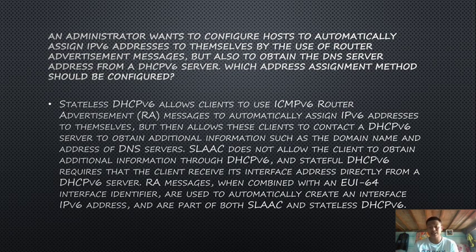SLAAC does not allow the client to obtain additional information through DHCPv6, and stateful DHCPv6 requires that the clients receive their interface address directly from a DHCPv6 server. RA messages, when combined with the EUI-64 interface identifier, are used to automatically create an interface IPv6 address and are part of both SLAAC and stateless DHCPv6.